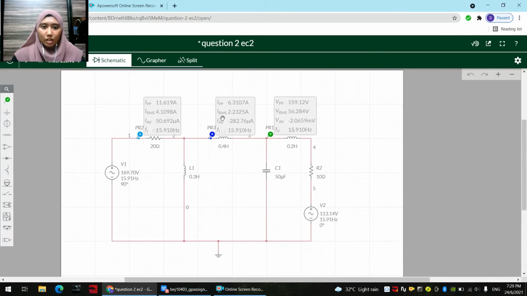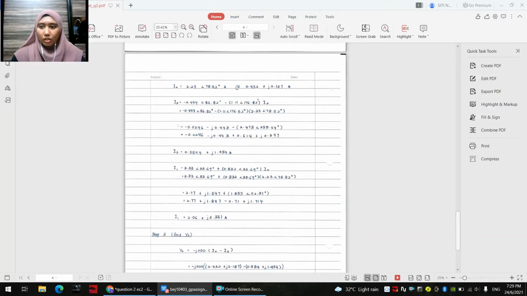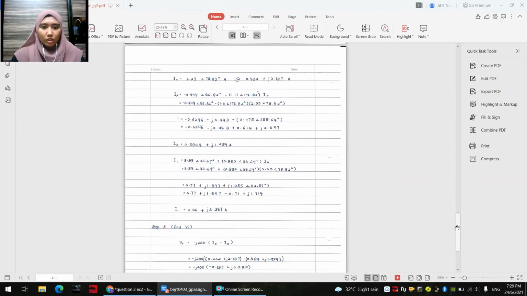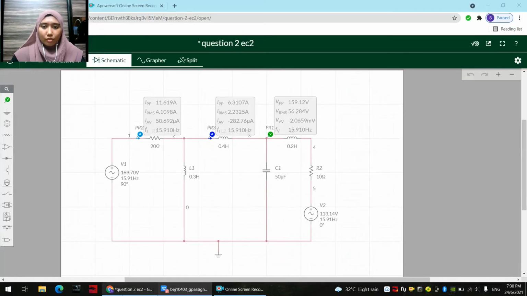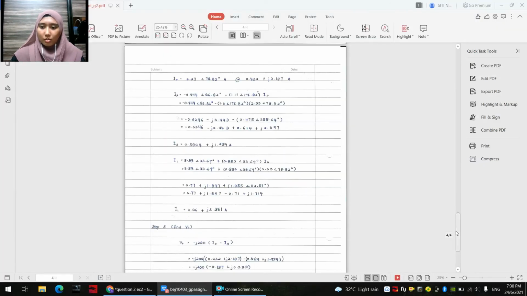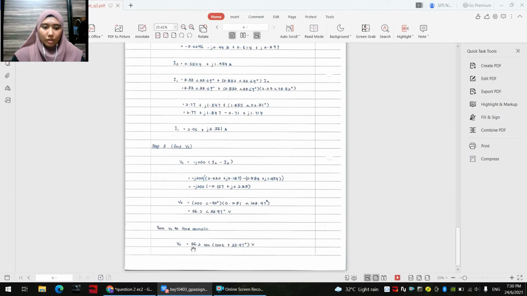For the IRMS of I2, we get 2.23. The value is same as the manual calculation, 2.23. And for the VO, we get 56.28, and same as the manual calculation, 56.2.